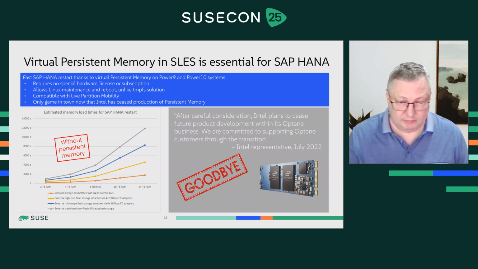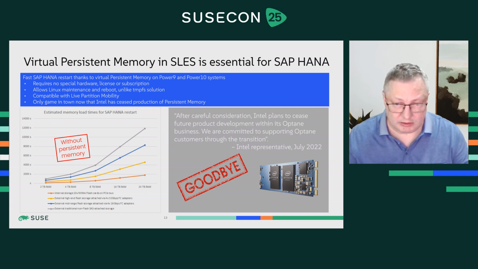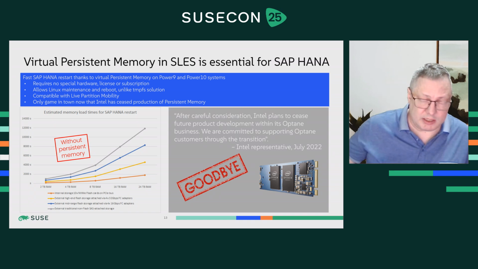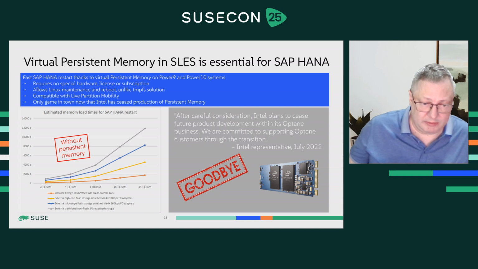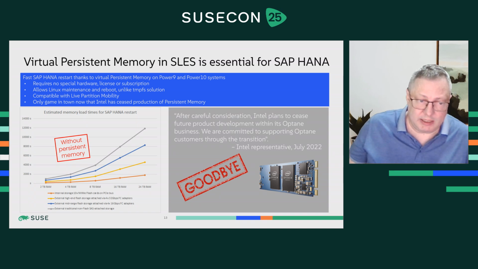In fact, on larger SAP HANA deployments with 4, 8, 16 or more terabytes, it can take hours to load the data in memory before you can start up the database. So imagine if you're a large customer and has a mission critical SAP HANA database, and you have to wait 1 hour or 2 hours for the database to come up. That's hardly acceptable.